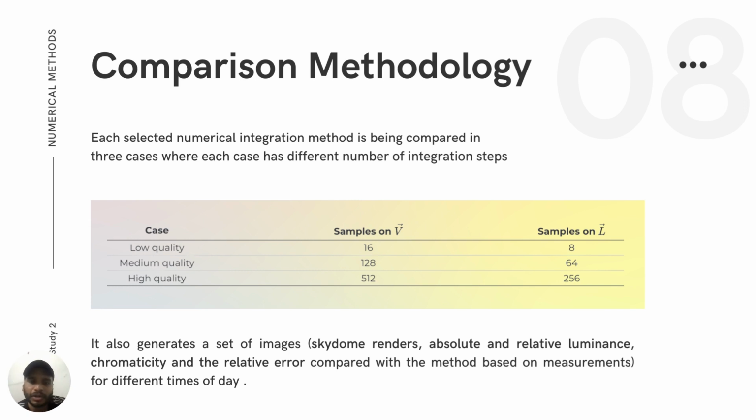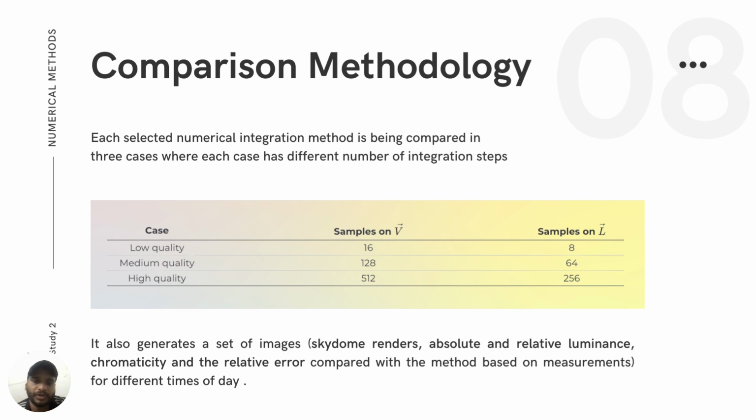It has also generated images related to some criteria, like different times of day or sun zenith angle. So we have the sky dome render images, absolute and relative luminance images, chromaticity, and relative error comparison.